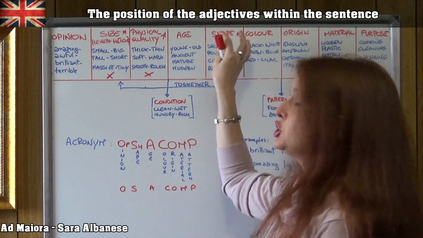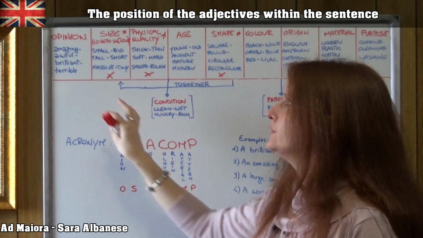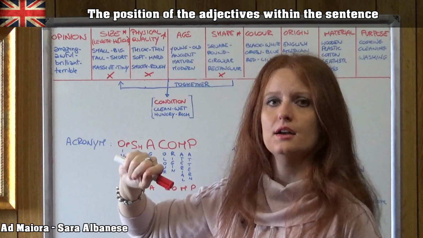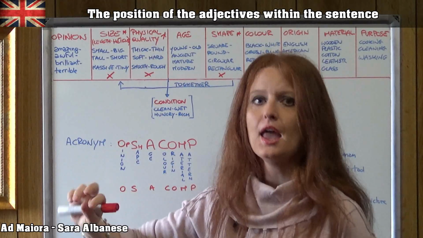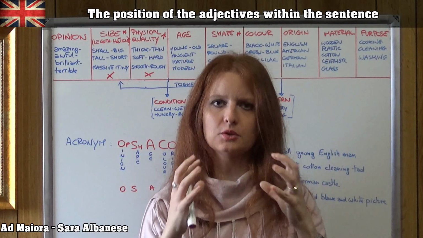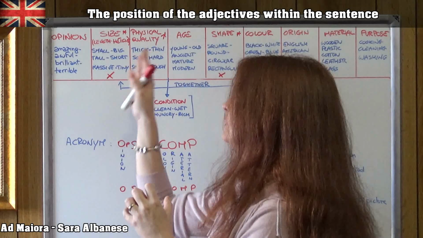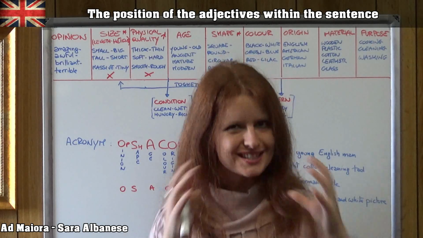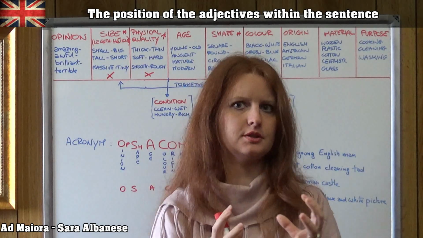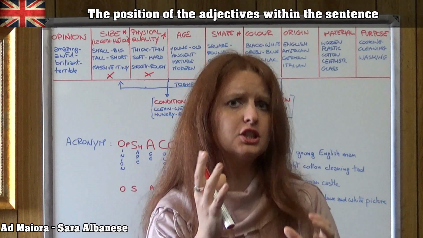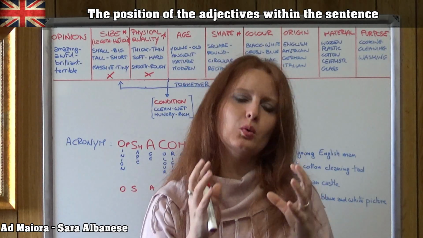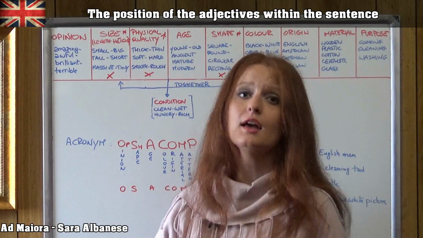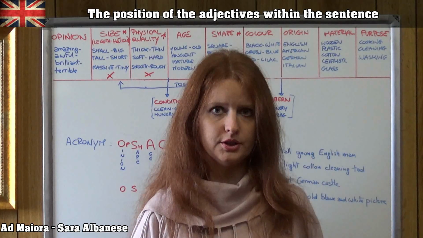Why? Because the shape moves to the second position. We had size before, now we say shape, and together with shape we put also size and physical quality, all together. So we use the word shape, but we mean also size, so length and height, and also physical quality.